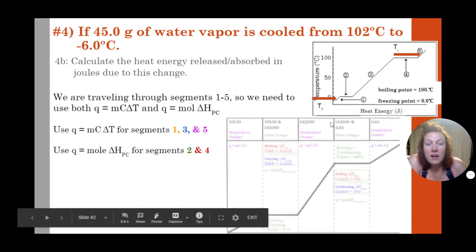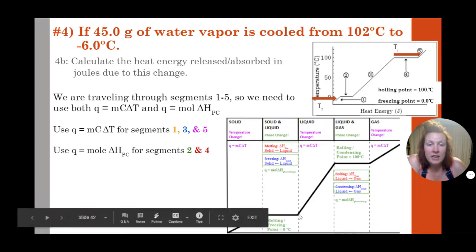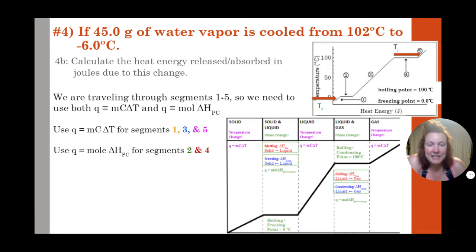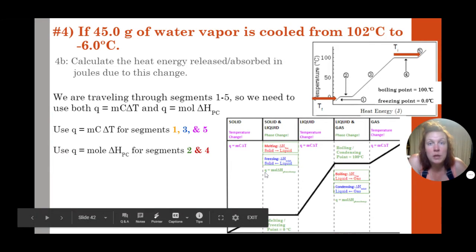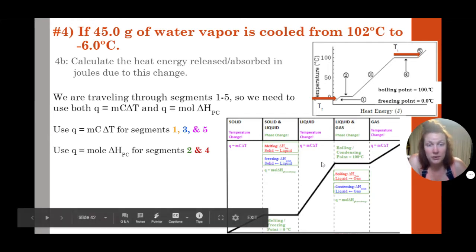For segments 1, 3, and 5, where we have a temperature change, we use Q equals mCΔT because the ΔT is a change in temperature. For segments 2 and 4, we use Q equals moles times the molar heat of the phase change, and I'll show you how to do that in a moment.